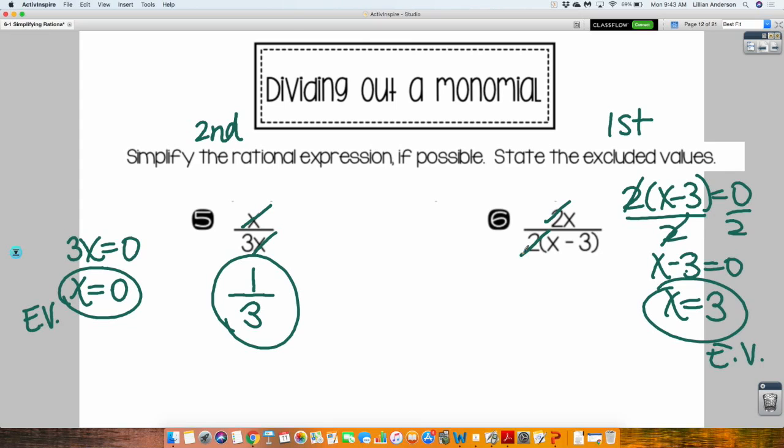You cannot cancel out the x's when there's something being subtracted or added. We could have canceled it back in number 5 because 3 was being multiplied to x. Common factors have multiplication. But when something's being subtracted, you can't cancel out that way. So what am I left with on the top? And an x minus 3 on the bottom, and that's my answer.